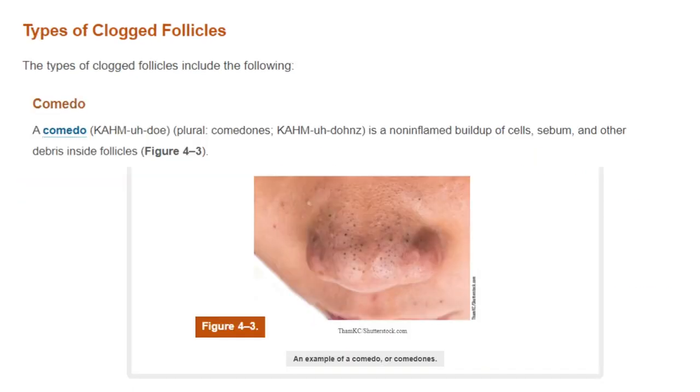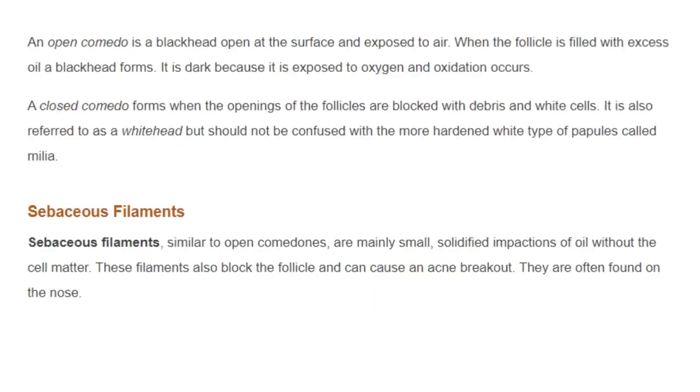Types of clogged follicles. The types of clogged follicles include the following. Comedo. A comedo is a non-inflamed buildup of cells, sebum, and other debris inside follicles, figure 4.3. An open comedo is a blackhead open at the surface and exposed to air.